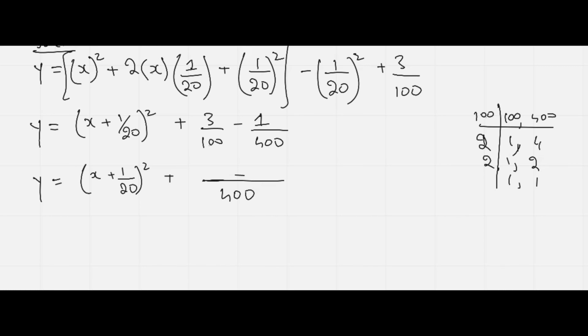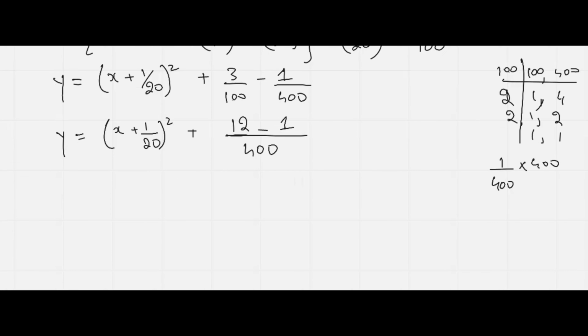Would it be 12? Yes, exactly, it is 12. And similarly, what is it at this position? It would be 1, because for the second position, you pick up the second fraction and multiply with the LCM. Yes, it is 1. So this is 11 upon 400.